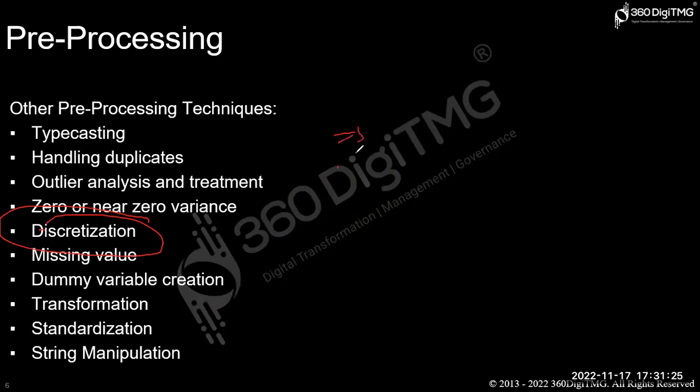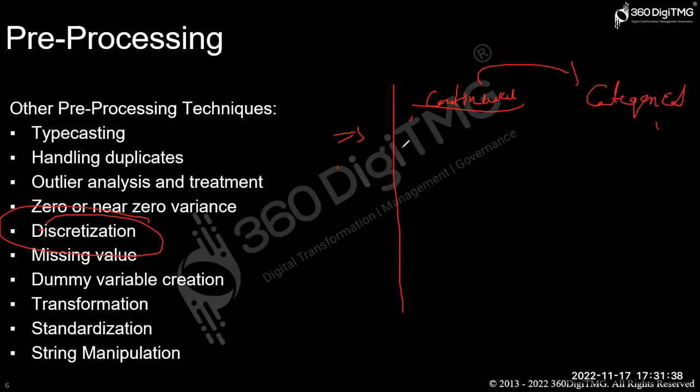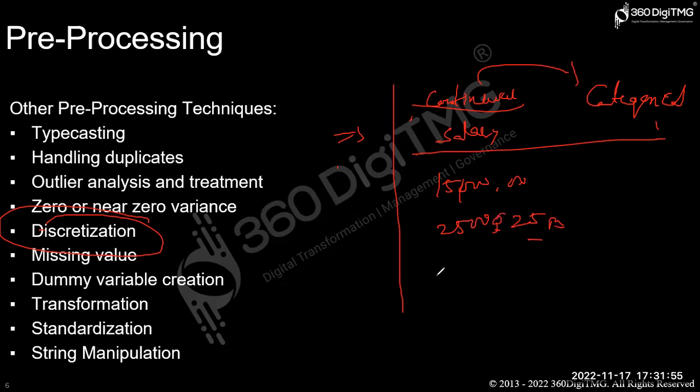When we will be doing the discretization, whatever the continuous data we will be having, when you have continuous data, we convert that continuous data into categorical form. Categorical means, let's say I have a salary column and the salaries are in various ranges, like 15,000, 25,000, 50,000.